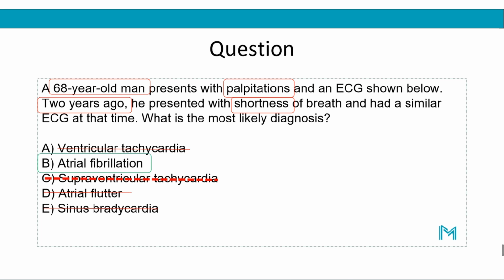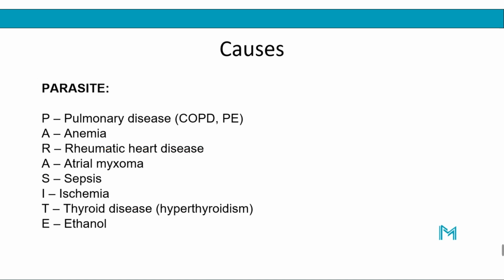Now, let's look at some causes of atrial fibrillation. There are numerous causes, but we are going to concentrate on the common causes. A very simple mnemonic you can use to help you remember some of the common causes is PARASITES.